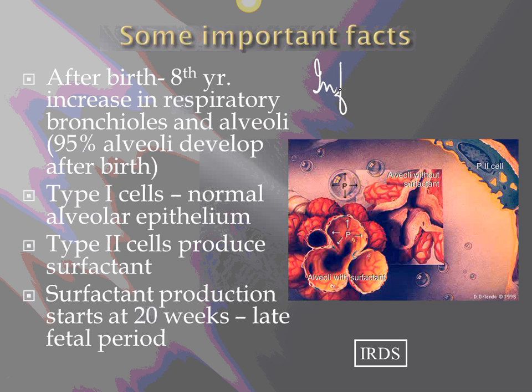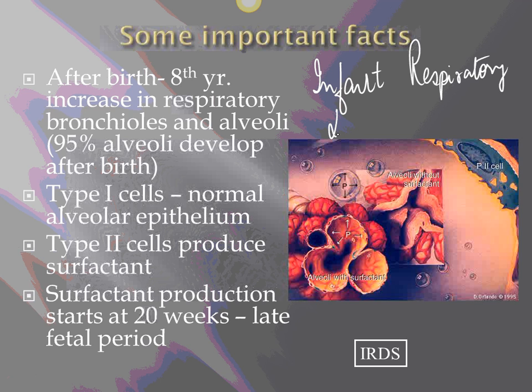It's called infant, I is infant, respiratory distress syndrome. And this is due to lack of surfactant in a baby who's born, and usually happens when the baby is born prematurely because then the surfactant production is not enough.